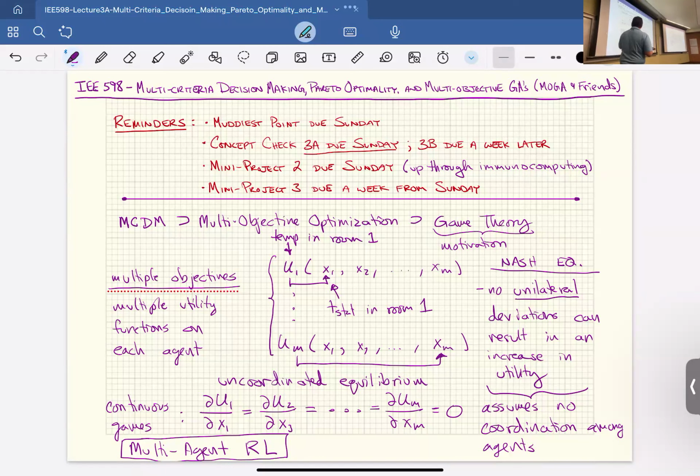So multi-agent reinforcement learning: in this case, you've got a bunch of robots or software agents, and they all can adjust their actions and then receive feedback on whether that was a good change or not.